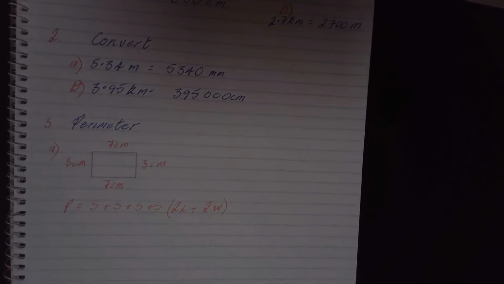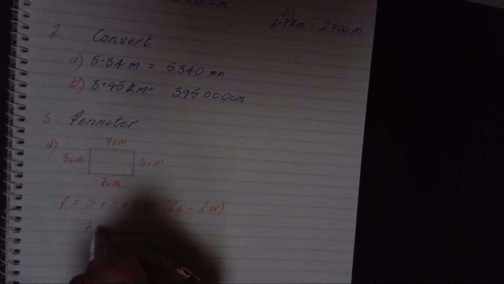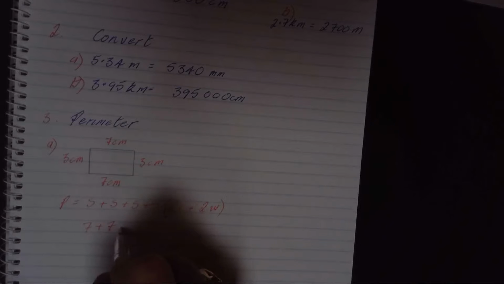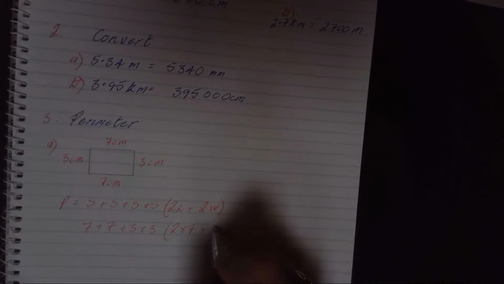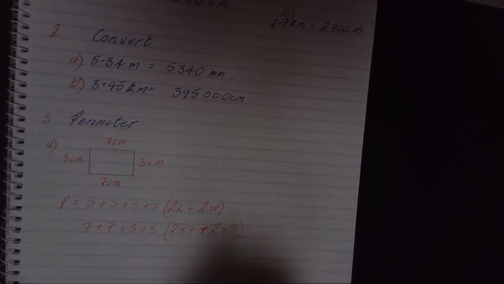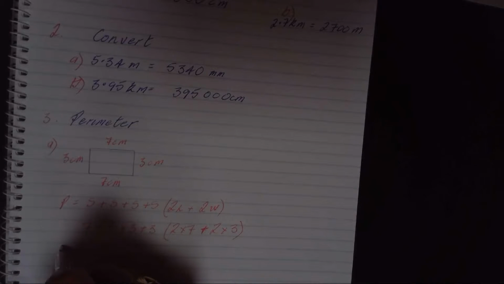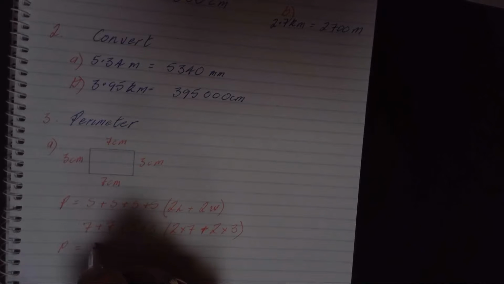which we'll see is 7 plus 7 plus 3 plus 3, or it could be 2 times 7 plus 2 times 3, which in this case gives me 20 centimetres.